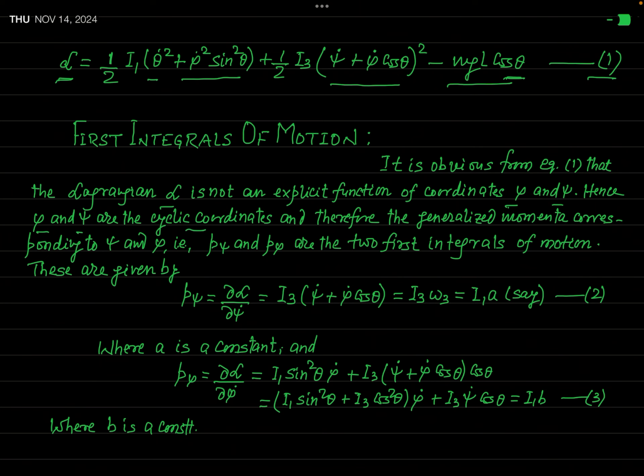So the momentum corresponding to the coordinate phi, which will be denoted by p phi, will be a constant of motion. Similarly, since psi is also a cyclic coordinate, the momentum corresponding to psi, denoted by the symbol p psi, will also be a constant of motion. And these two constants of motion, p psi and p phi, are actually called the first two integrals of motion. Okay? Now we will find these first two integrals of motion, that is p psi and p phi.